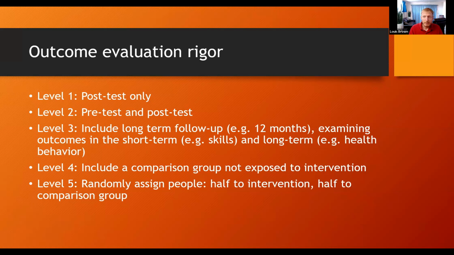So the comparison group is a really handy way of improving causal inference, the cause of, like, this intervention causes mental health to get better.